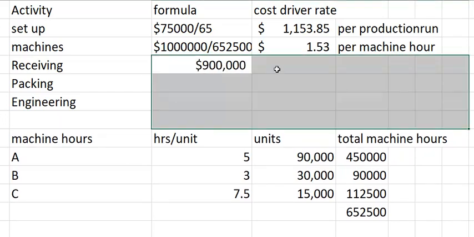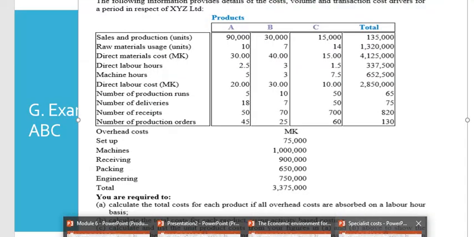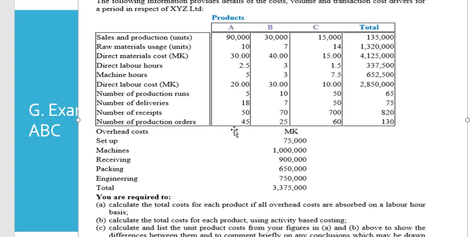Okay, so for receiving, we said we should use number of receipts as our cost driver. So let's get number of receipts. Number of receipts, we have 50, 70, and 700. Total is 820. So divide by 820.